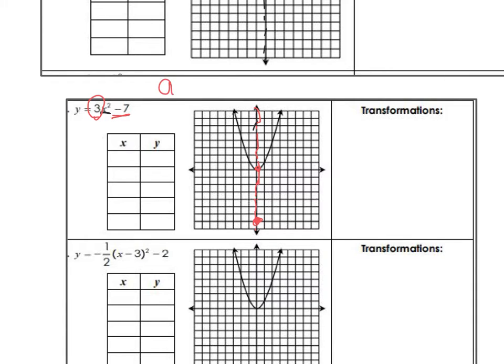So if A is greater than or equal to 1, then you're going to stretch your graph. If A is greater than 0 but less than 1, in other words, it's a fraction, then you're going to compress.